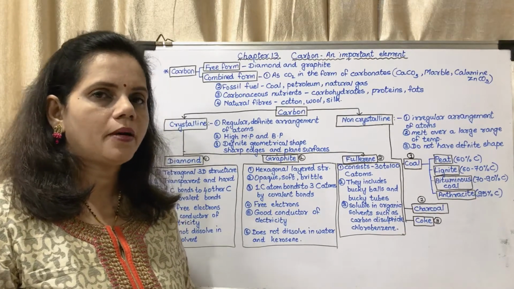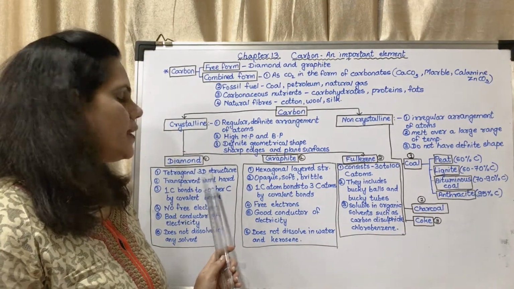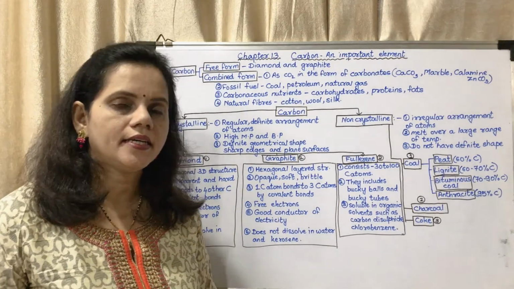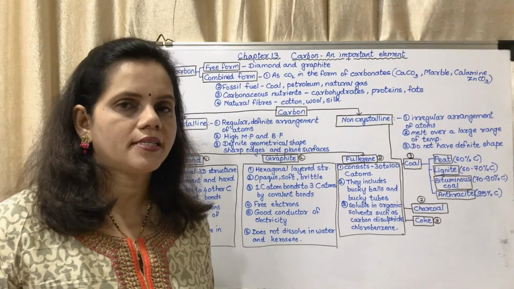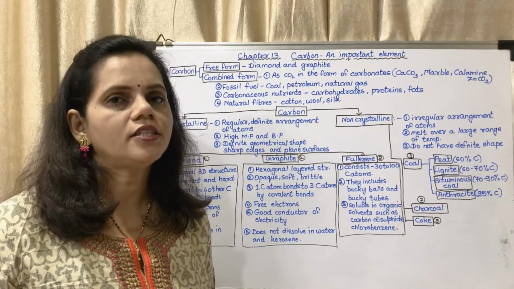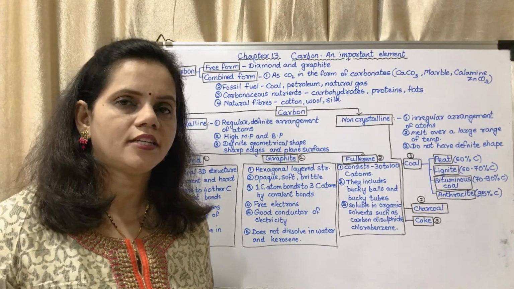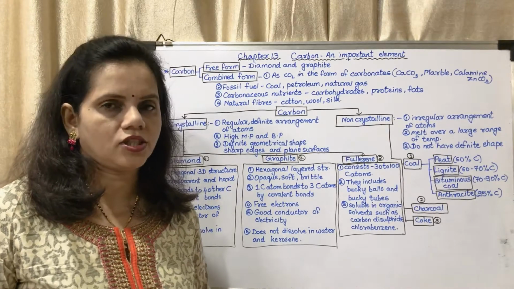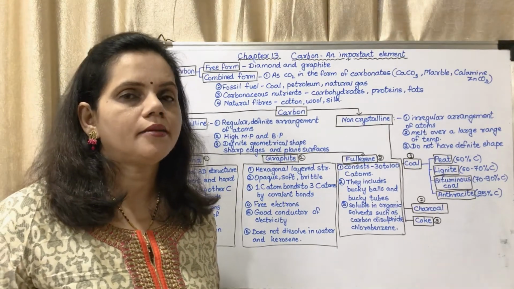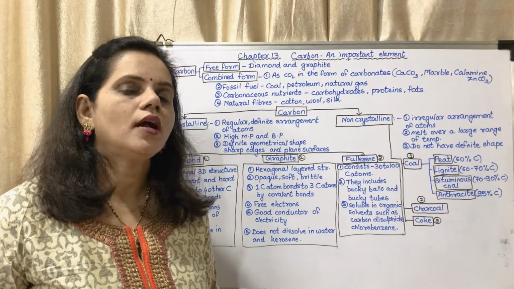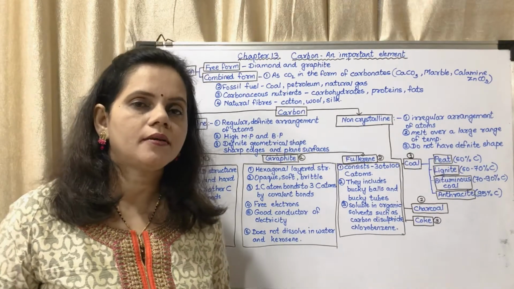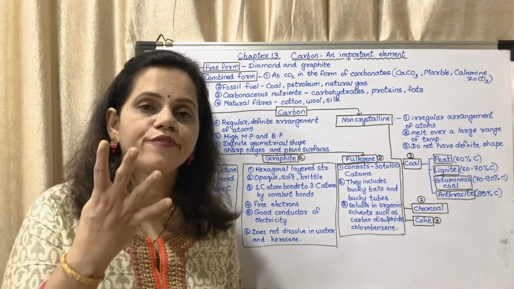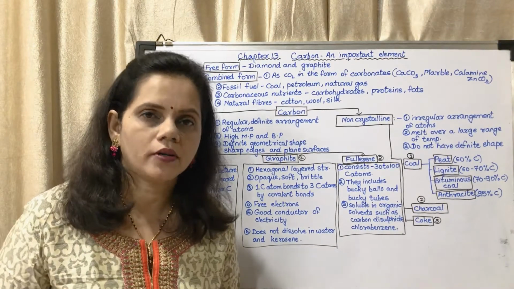First, we will see diamond. It has a tetragonal 3D structure. Tetragonal means one carbon atom is connected to 4 different carbon atoms. That is why it is said to be a tetragonal structure. Now why 4? 4 is an important number.